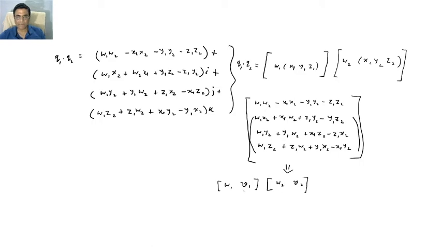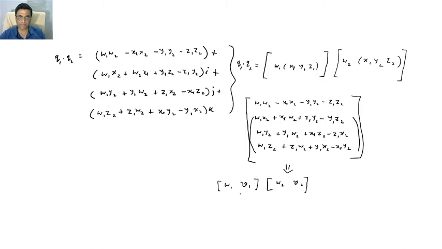So now I am writing, you see, this is a quaternion, this is a real part, and this is a vector part, imaginary part, denoted by V1. So V1 is x1 i plus y1 j plus z1 k, and V2 is x2 i plus y2 j plus z2 k. That's all.